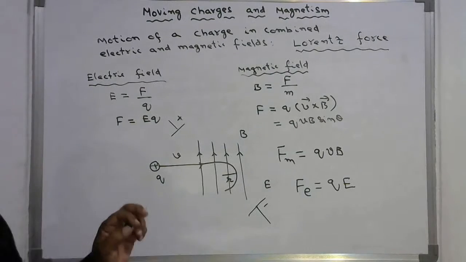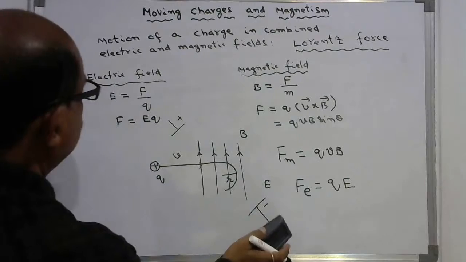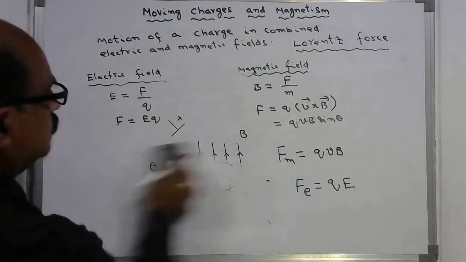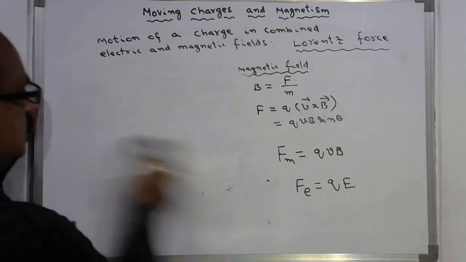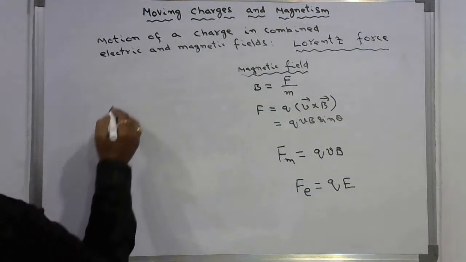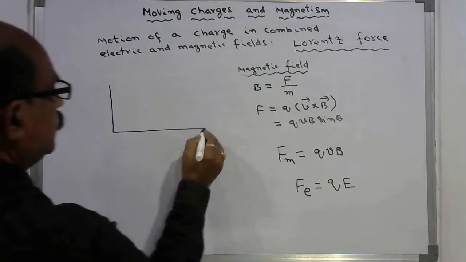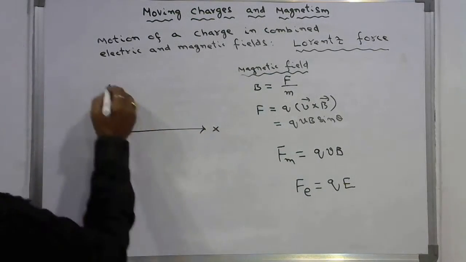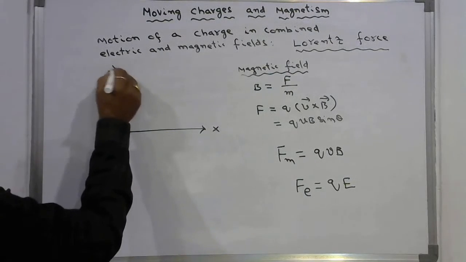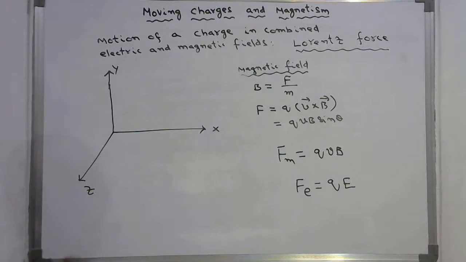If we represent this in a three-dimensional coordinate system, this is the X axis, this is the Y axis, and this is the Z axis.